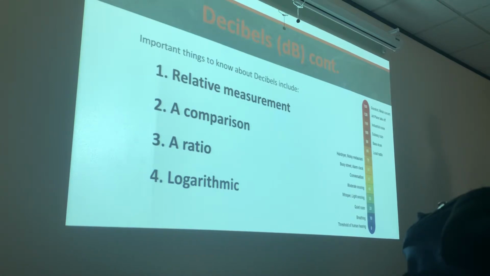It's not absolute. Logarithmic numbers are not absolute. Okay? It's a comparison between the starting point and the ending point. It is a ratio as well, because we need both of those numbers, okay? And it's logarithmic. Okay? Those are some facts you need to know about decibels and decibel notation.